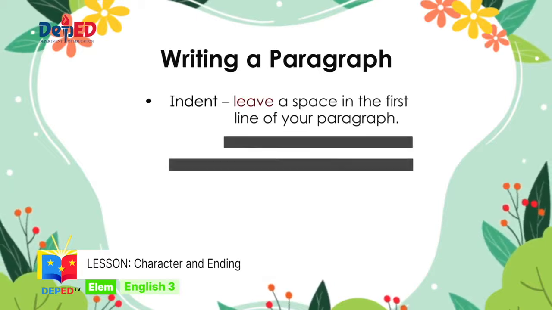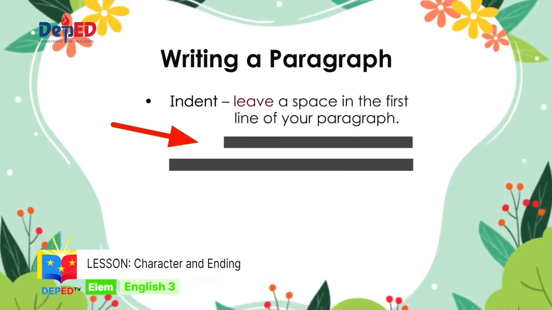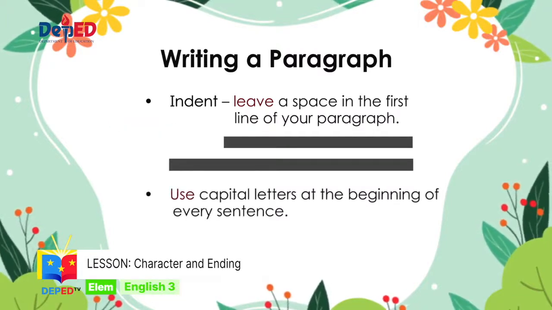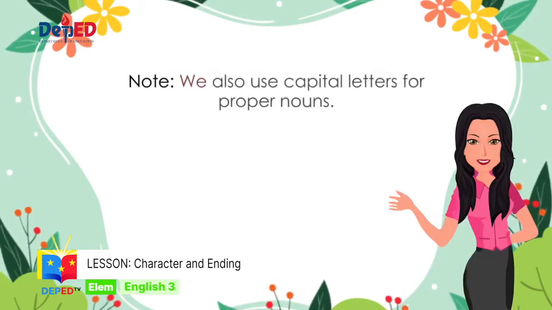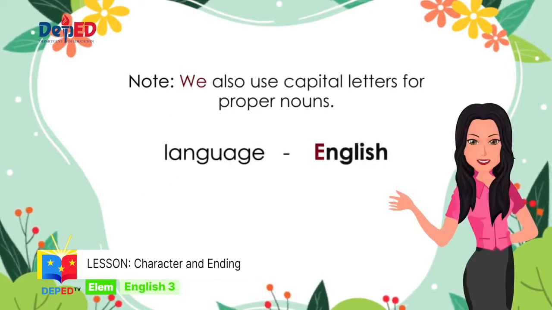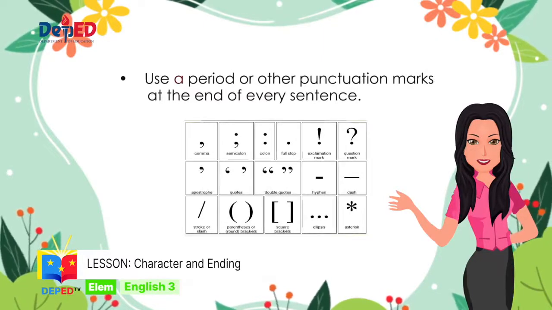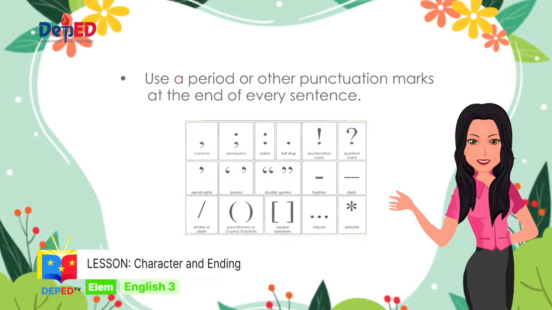It means leaving a space in the first line of your paragraph. Use capital letters at the beginning of every sentence. Note, we use capital letters for proper nouns. Use a period or other punctuation marks at the end of every sentence.